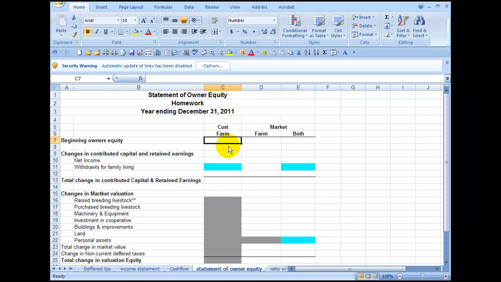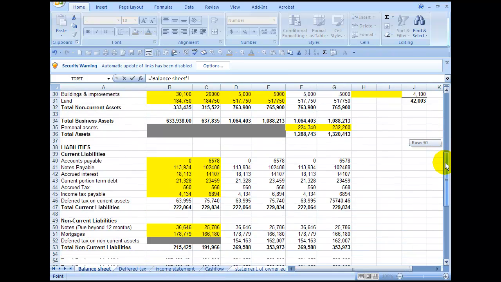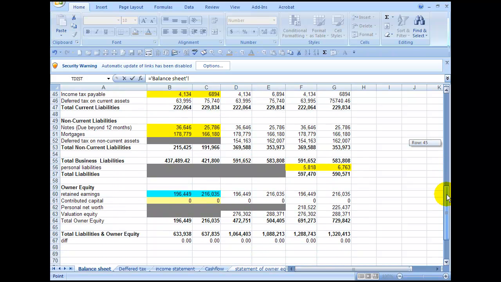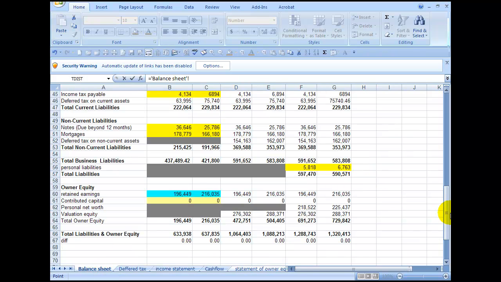So the first thing we have is the beginning owner's equity. So a plus or an equals to tell it's a formula, and then we get that from the balance sheet. And here is the total owner's equity, the beginning for the cost, hit enter. For the market, same way, go over to the balance sheet.